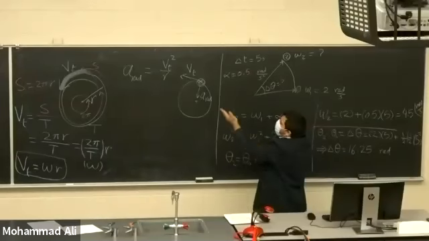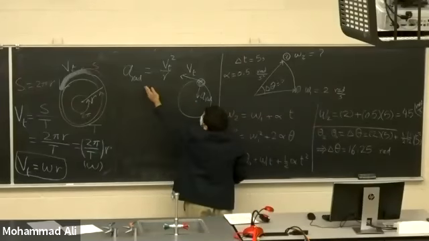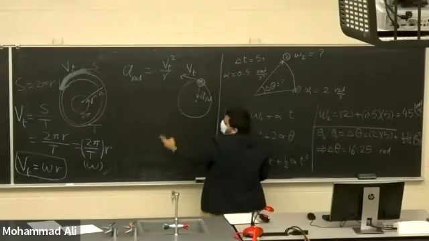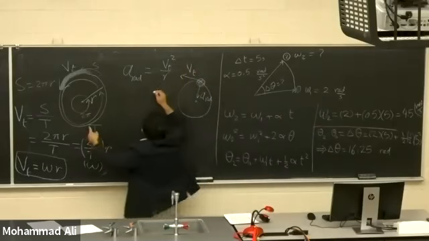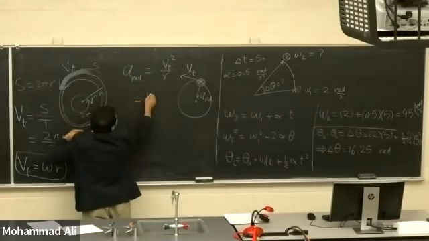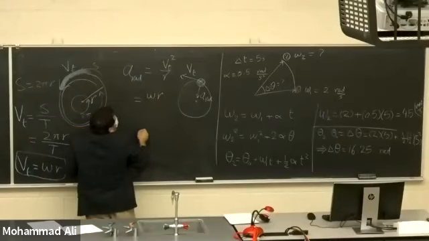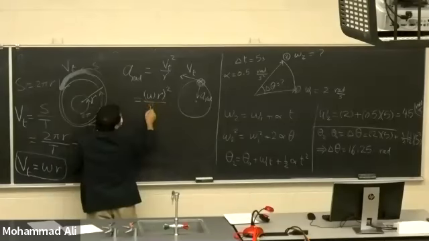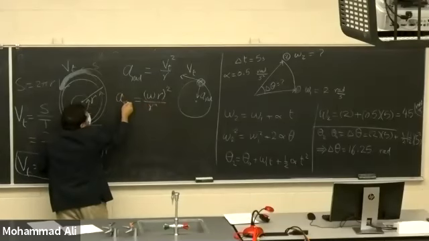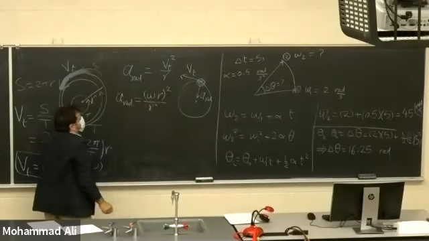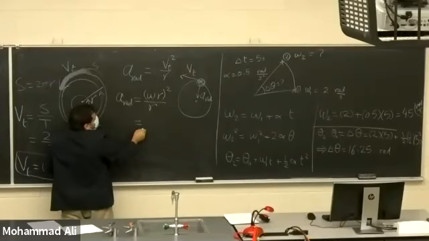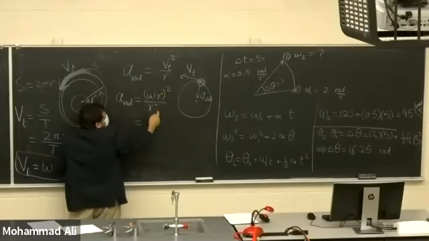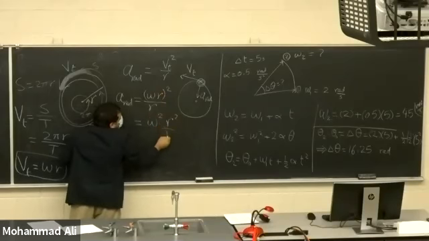Now we can write the radial acceleration using omega, because we know v is equal to omega r, so it is v squared over r. This will be equal to omega squared multiplied by r squared over r.